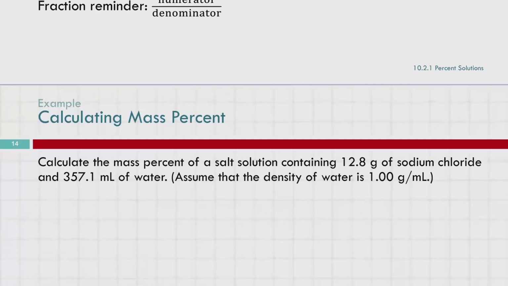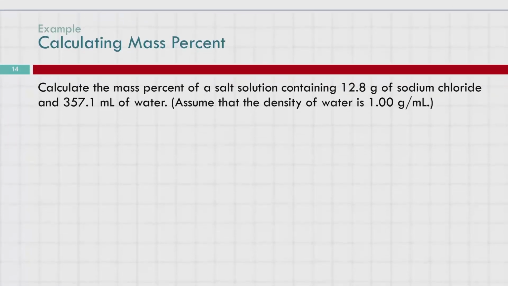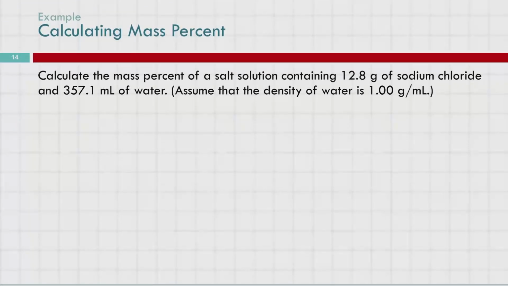Okay, an example using mass percent. Calculate the mass percent of a salt solution containing 12.8 grams of sodium chloride, 357.1 milliliters of water, and we can assume that the density of water is 1 gram per milliliter. This 1 gram per milliliter means that we can just convert the milliliters into grams.